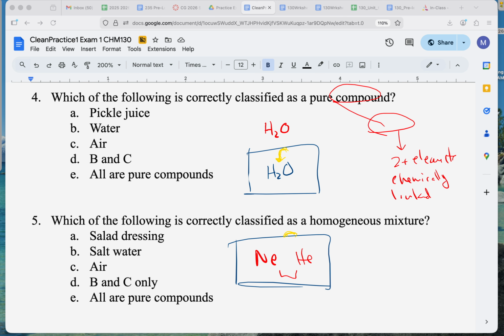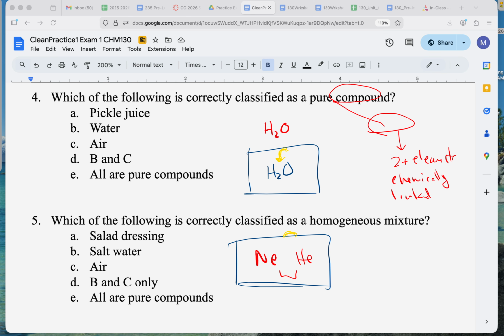If you just look at your salad dressing, does it look like one thing? No. Okay, why not? So we could go with oil and water. There's herbs. The herbs are a solid. The oil is a liquid, which means two different phases. Salad dressing is going to be heterogeneous. Okay?